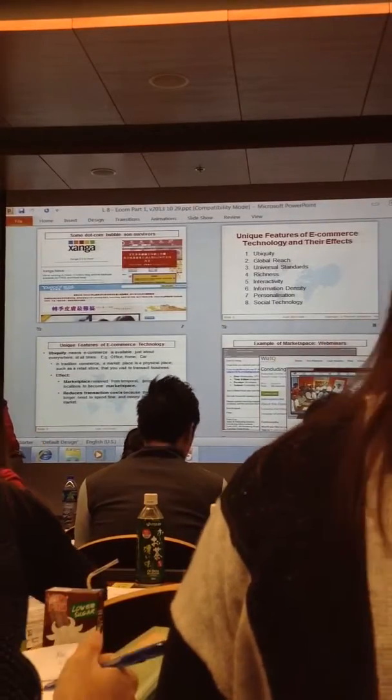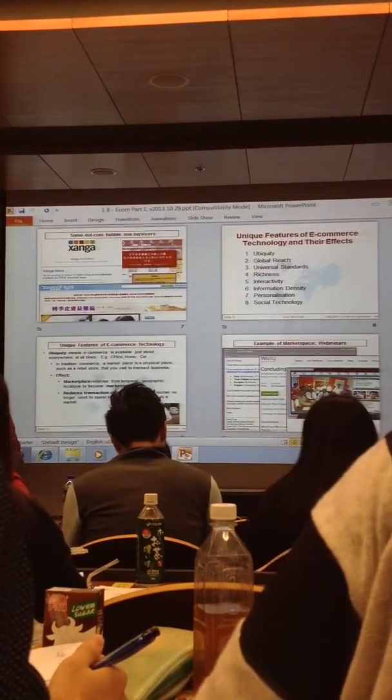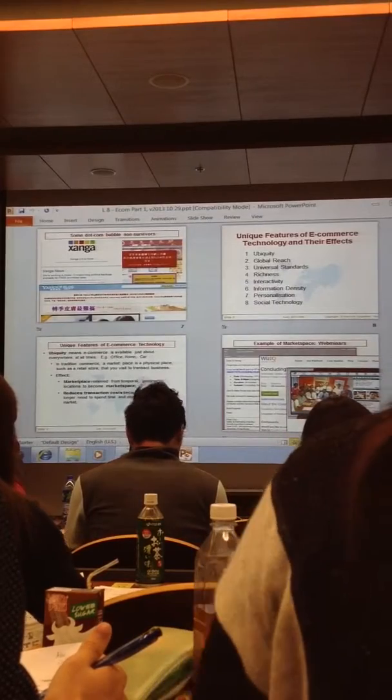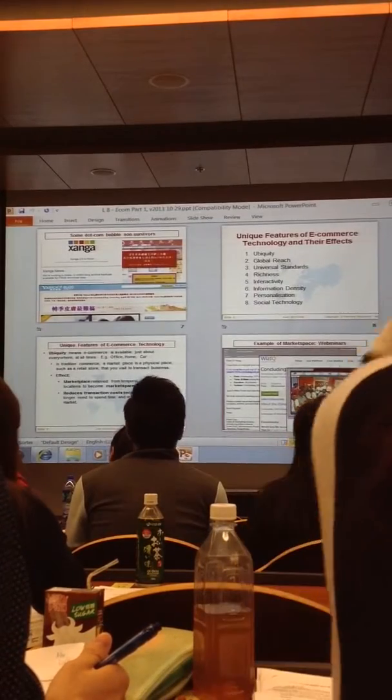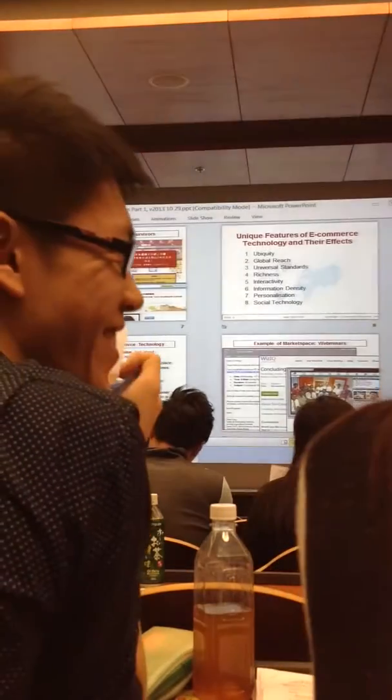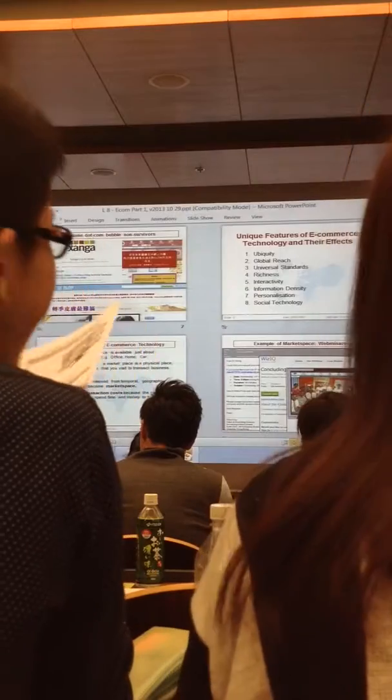Okay, so let's summarize it all. 8 features. Now again, if you look at the slides, actually there are not many studyable slides, but many of them are diagrams and screens. Make sure that you pronounce these words correctly.